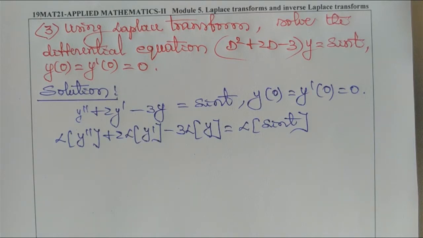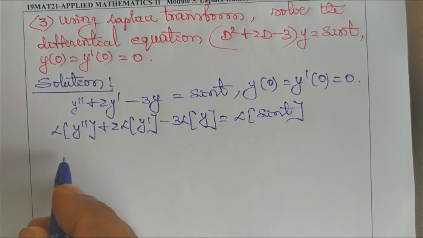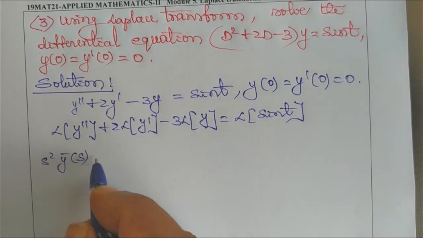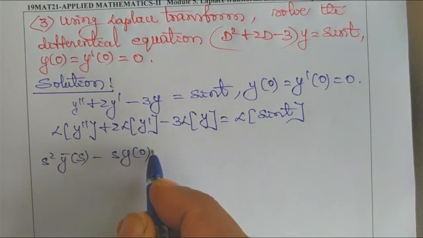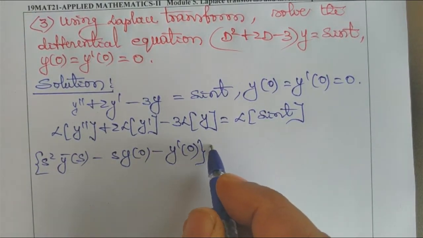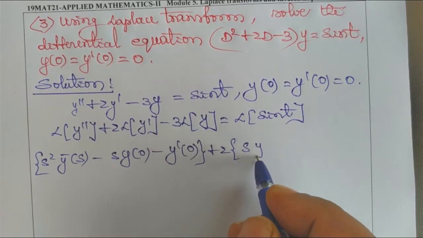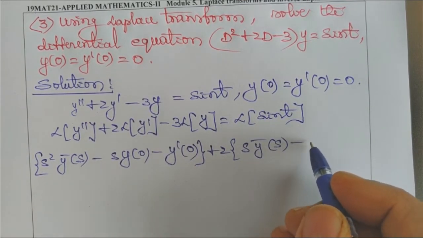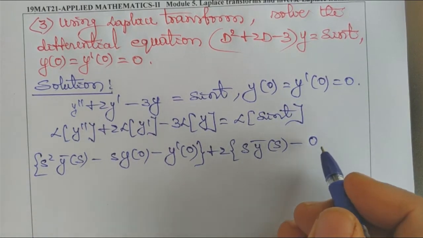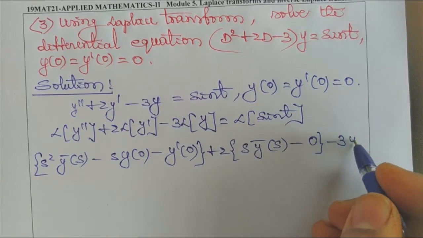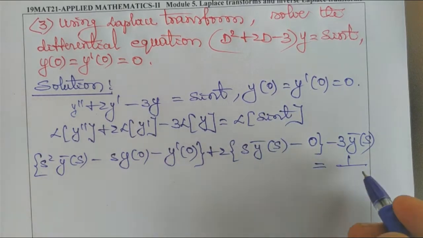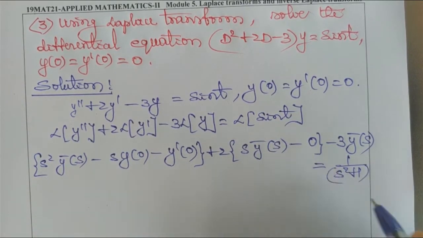We get s² ȳ(s) − s y(0) − y'(0), plus 2 times (s ȳ(s) − 0, because y(0) is 0), minus 3 ȳ(s) is equal to 1 divided by s² + 1, since Laplace of sin t is 1 divided by s² + 1.